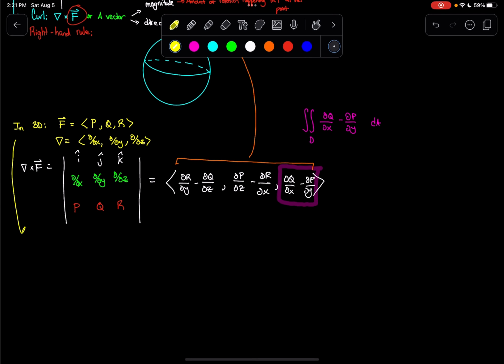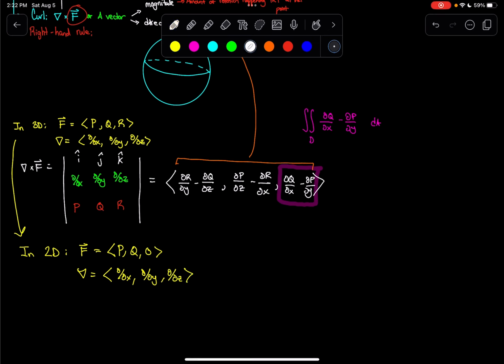I want you to notice that in 2D, my vector field F does not have a z component. It has a P component, a Q component, and the z component is 0, which means I could still put together my del operator, even though technically the cross product only exists in 3D.